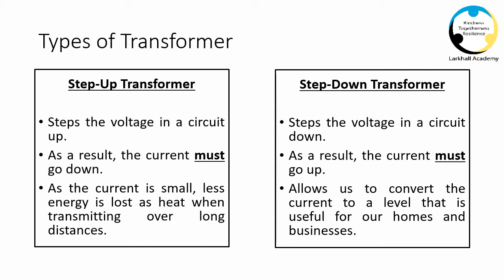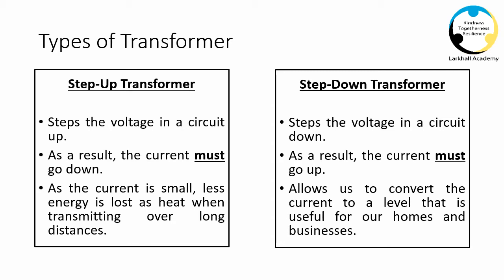So the step-up transformer basically steps the voltage in the circuit up. Simple as that. So if you have your power station, it's generating a voltage, you step that voltage up by putting it through the step-up transformer. Now, as a result of this, the current in the circuit has to drop.